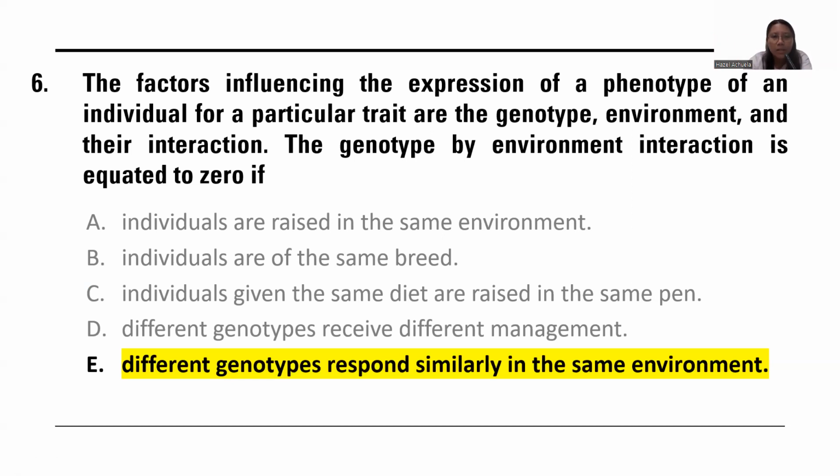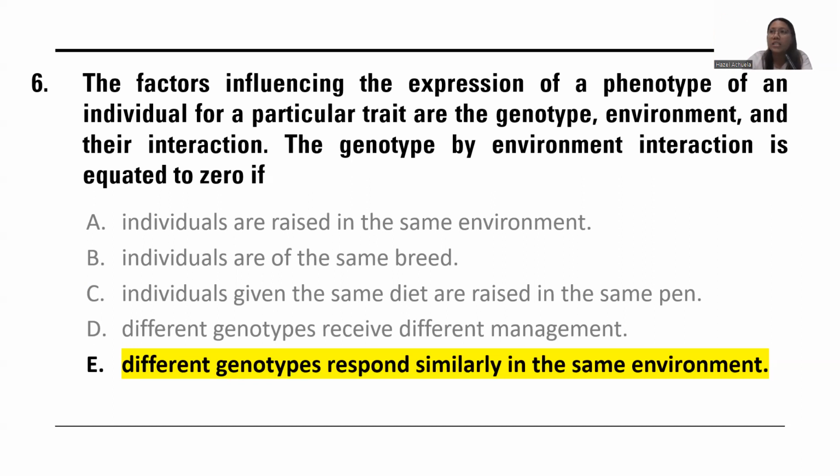So the breeds are different, Duroc and Large White, but you give the same management system: same amount of feed, same schedule of feeding, same feeding scheme, same housing, and so on. Everything is the same. The only difference is the breed. But at the end of the day, you look at their phenotype, which is their performance. It could be the feed conversion ratio, growth rate, average daily gain, carcass quality, meat quality, whatsoever.